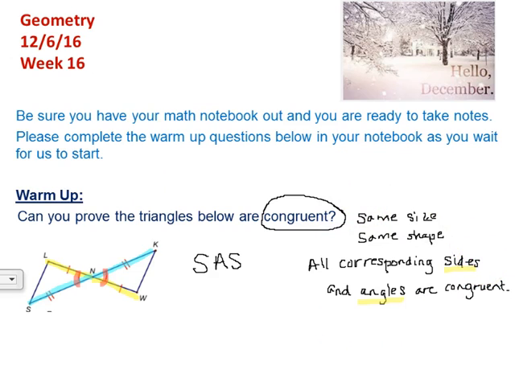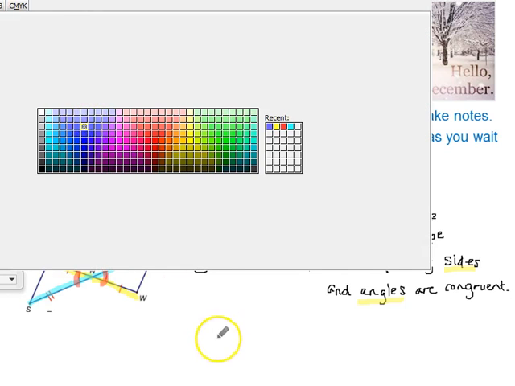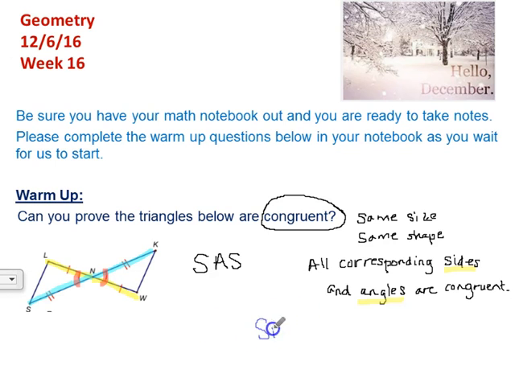Well, last week we started talking about similar, and we're actually going to use some theorems to prove that two triangles are similar, just like we use some theorems to prove that two triangles are congruent. So similar, if you remember, is the same shape, but it can have different sizes.